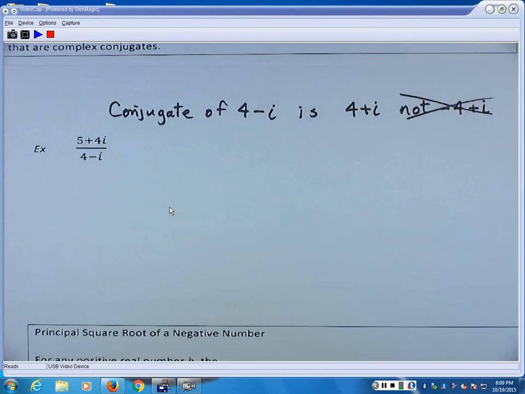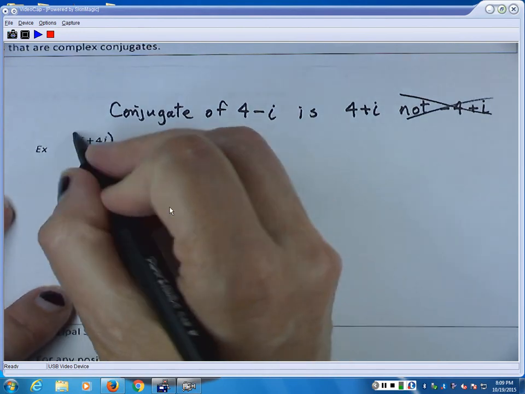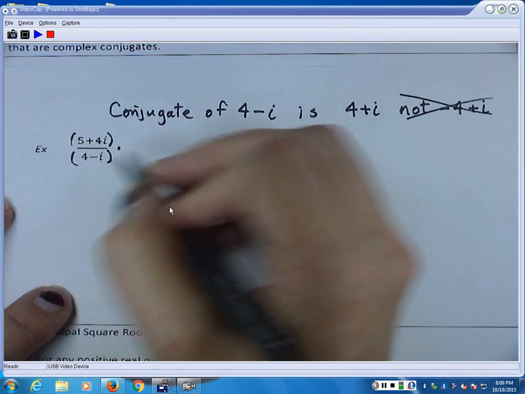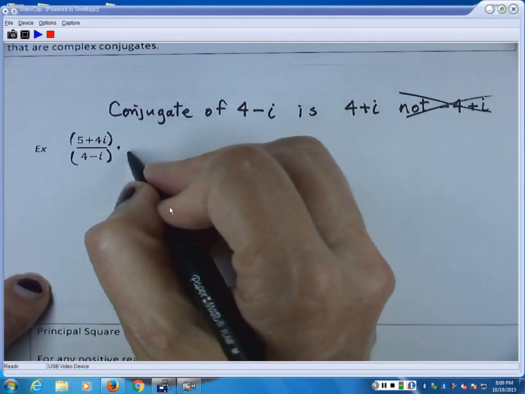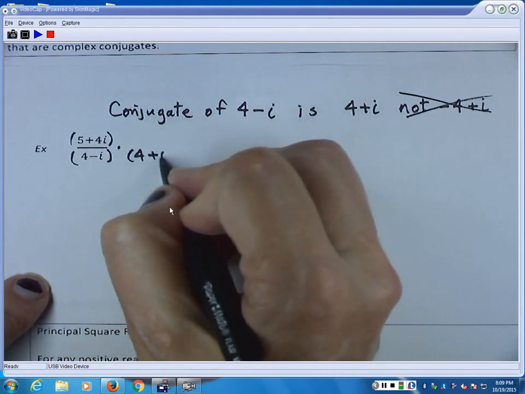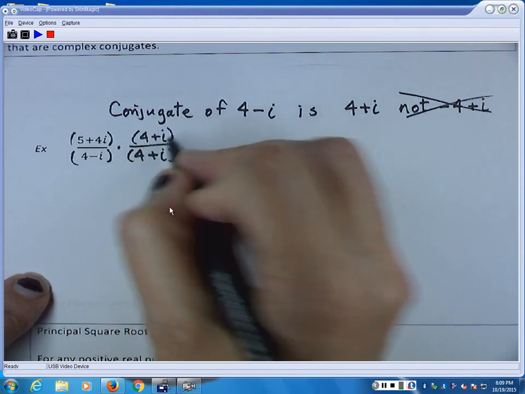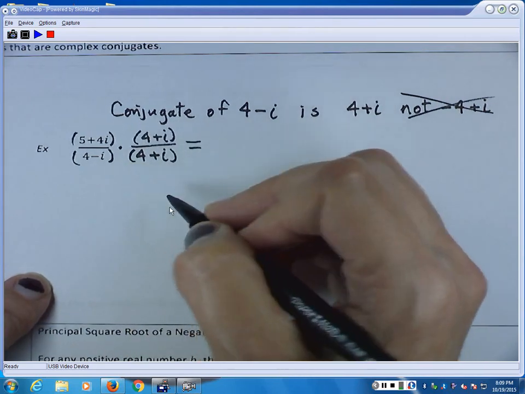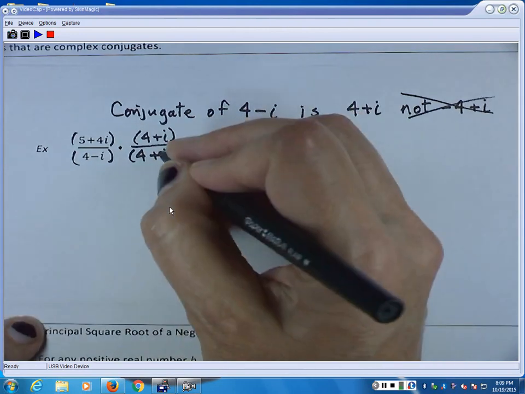So remember, we just changed the sign. Why? Because if you put the negative 4 out there, it's not going to be a real number. So you put parentheses around these. Anytime you have a fraction bar, you put parentheses around them. And then you're going to multiply by 4 plus i over 4 plus i. Remember, there's an understood 1 in front of this i.